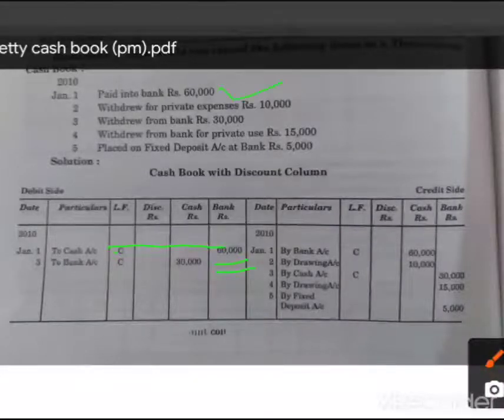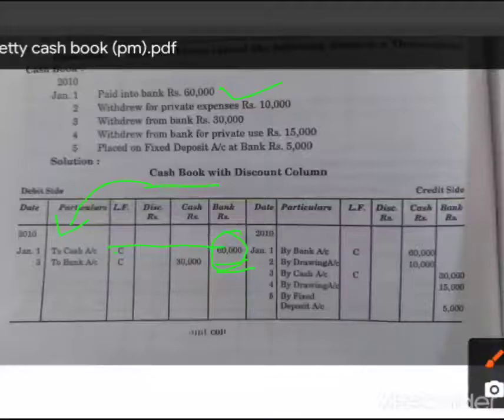This transaction is entered in the cash book by the name cash. It is written to cash, it is paid to the bank. In cash book, bank is debited, it is deposited into the bank. So bank account is debited with 60,000 rupees in the name of cash. So here it is written.